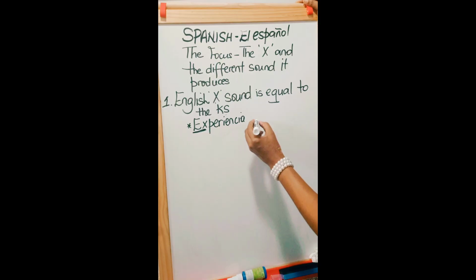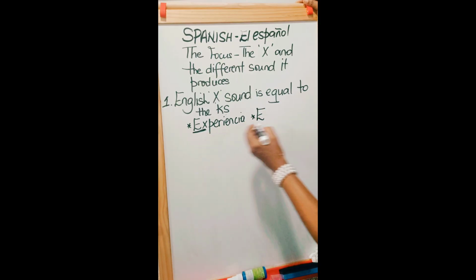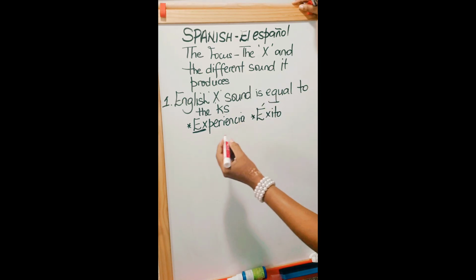All right, the other word is éxito, which means success, and it has an accent over the E. Éxito, which means success. Let me just put the meanings below.